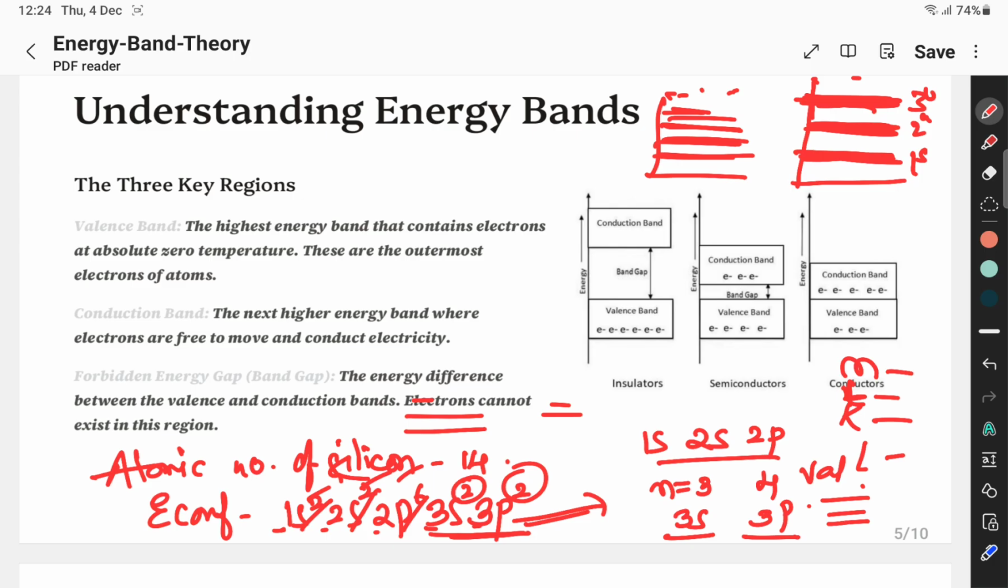They merge into one another and form what we call continuous energy bands. In such a way we get bands named valence band and conduction band, and there will be a forbidden gap between them. There will be so many bands, but mainly we are taking the valence band, the conduction band, and the gap between them, which is called the forbidden gap. We'll see the detailed explanation of it now.